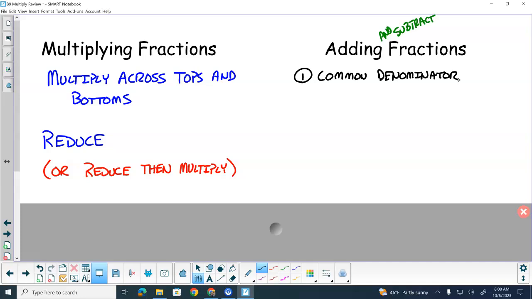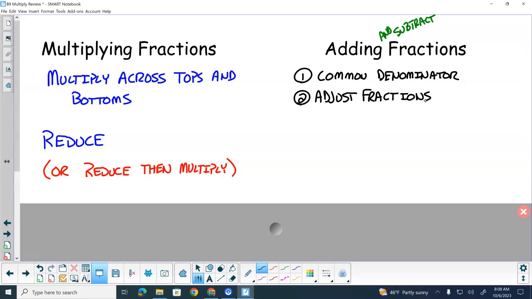So we got to adjust our fractions. Sometimes we have to do that for both of them. Sometimes we have to do that for just one of them. Sometimes we don't have to do that step at all. But we have to adjust our fractions.